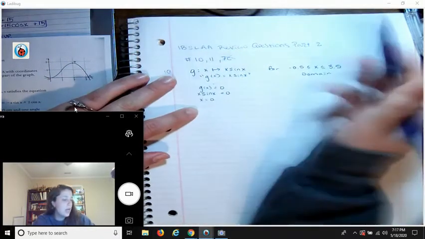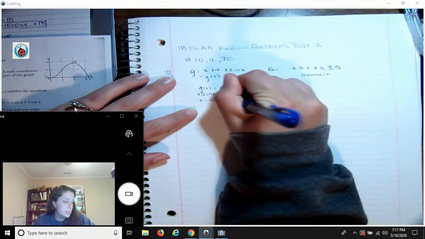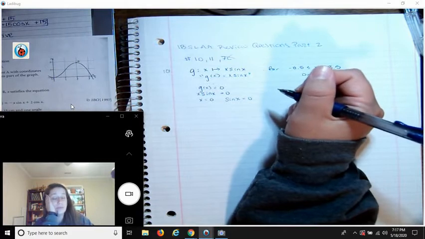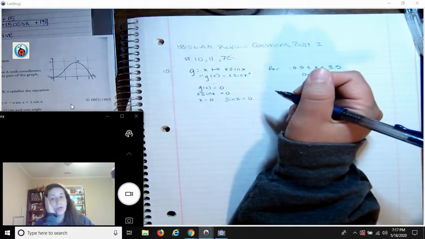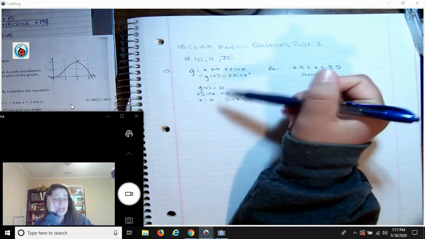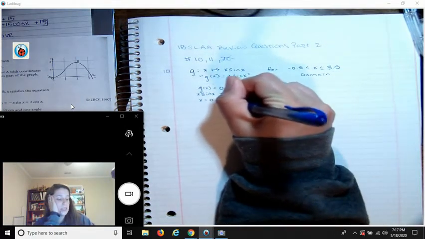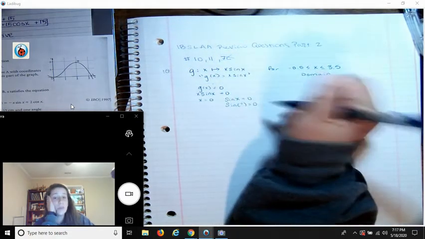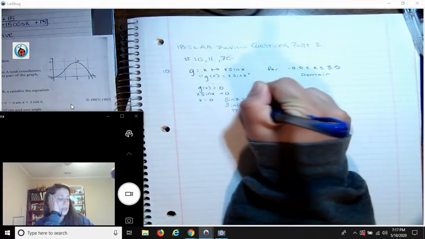And the other way is to take sine x and set that equal to 0.